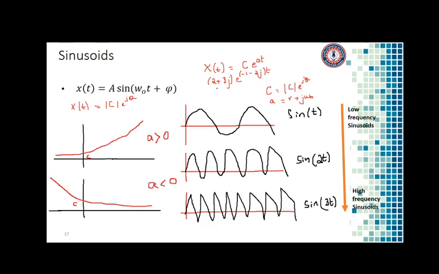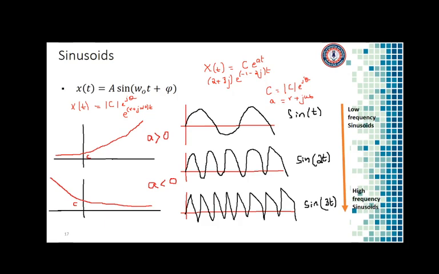This e power j theta can be written as e to power r plus j omega naught times t. Because it's c to a power t, we can just replace the value of a with what we have here, and write e to power r plus j omega naught t. And now I can separate this equation into purely real stuff and purely imaginary stuff.